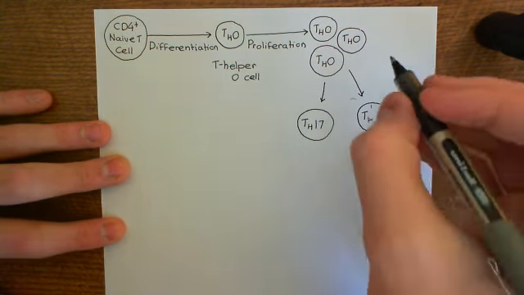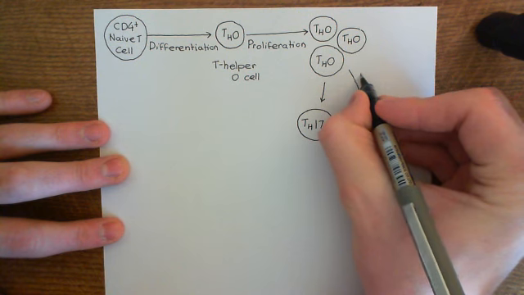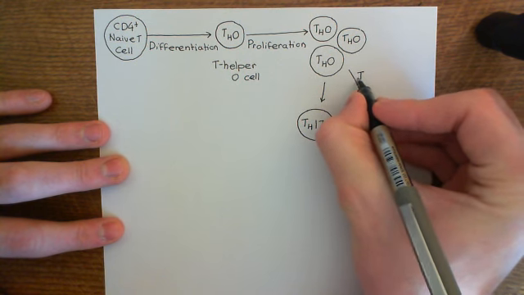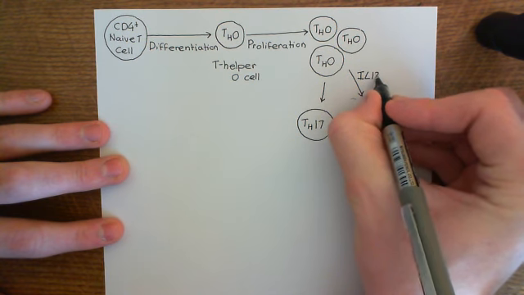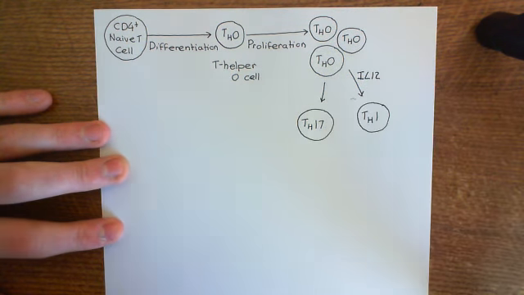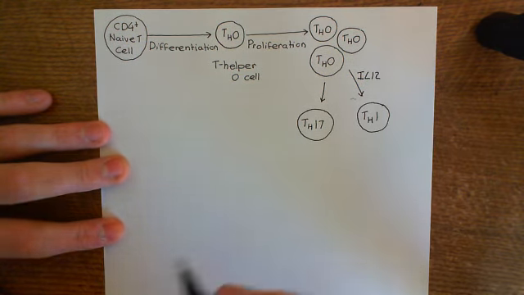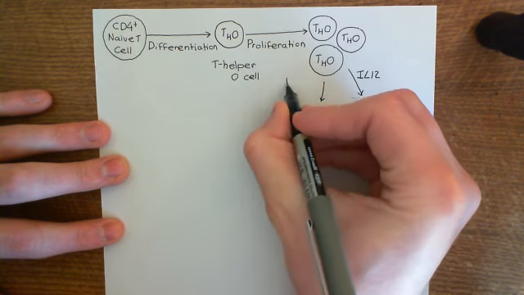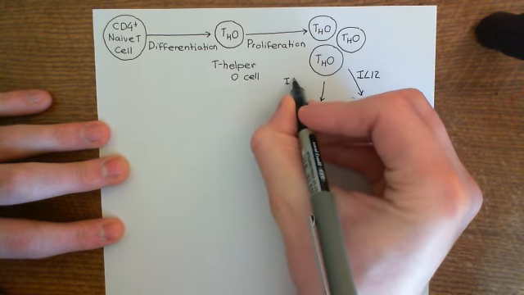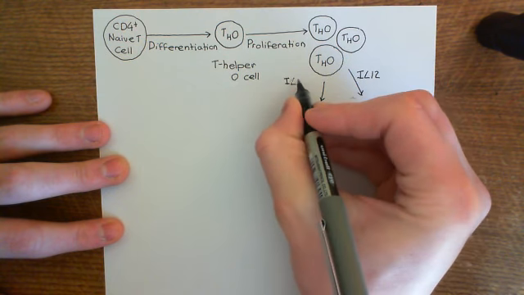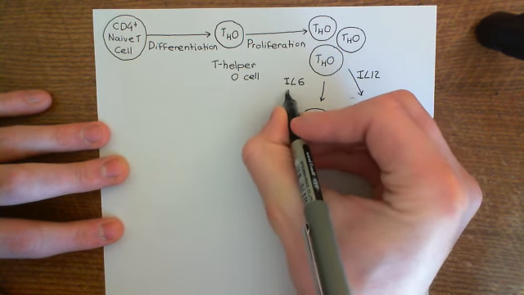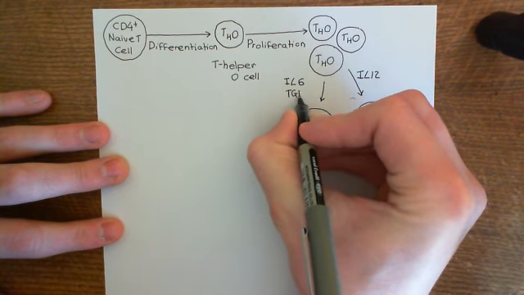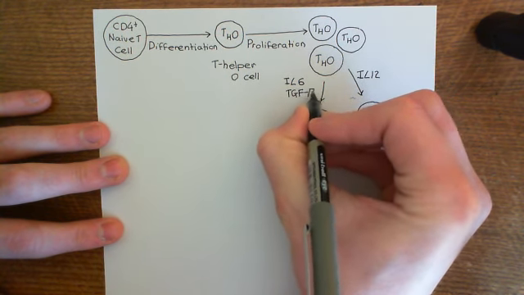T helper 17 cells. Now, the factors which are responsible for them differentiating into these different types are interleukin 12 causes T helper naught cells to differentiate into T helper 1 cells, and there are two main cytokines that cause differentiation into T helper 17, which are interleukin 6 and also transforming growth factor beta, TGF beta.